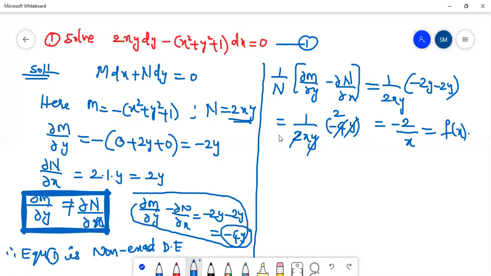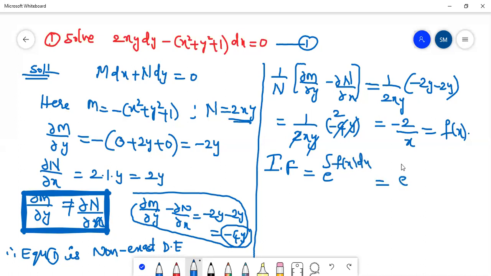That's the relation. That's only what I said: the function which has the minimum terms is most suitable for the divisor. So here the integrating factor is equal to e power integral f of x dx.